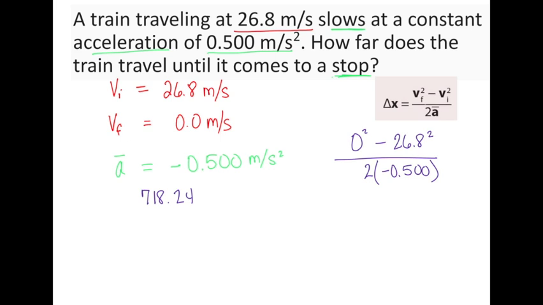So let's look at our units. This is actually meters per second. So when we square it, you get meters squared and seconds squared. Down here, you get meters per second squared. I'm just showing you why you can check your units. The second squares will cancel. One of the meters will cancel, and you're going to be left with meters, by the way. So that's why that works.